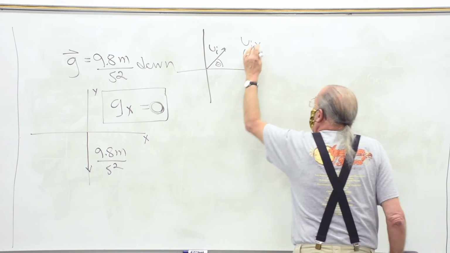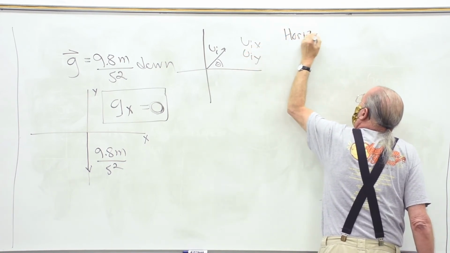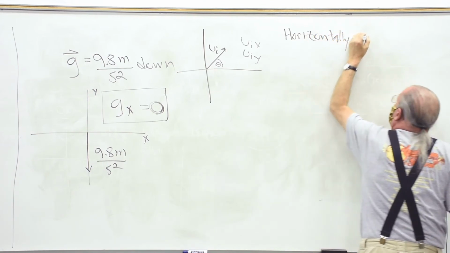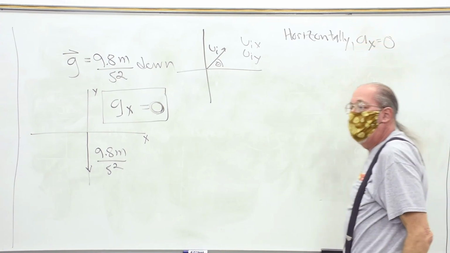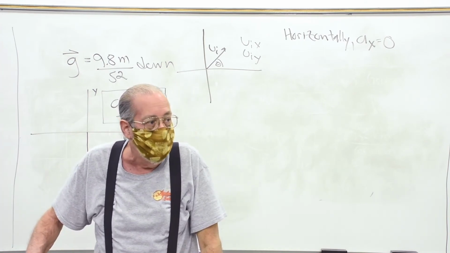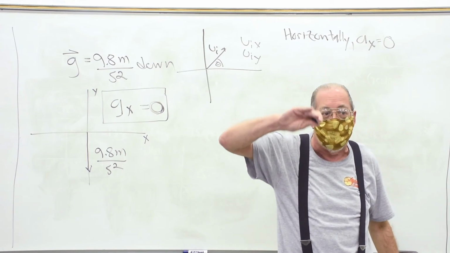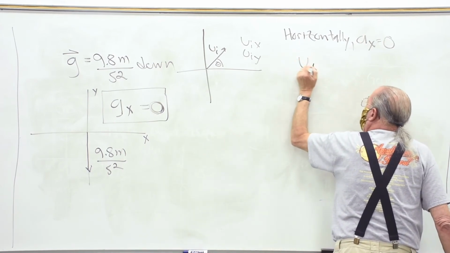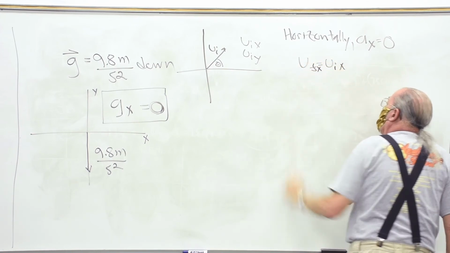But horizontally, the acceleration in the horizontal direction is 0, because gravity is straight down. Therefore, if I start writing out those constant acceleration equations, what I get is v final x is v initial x.